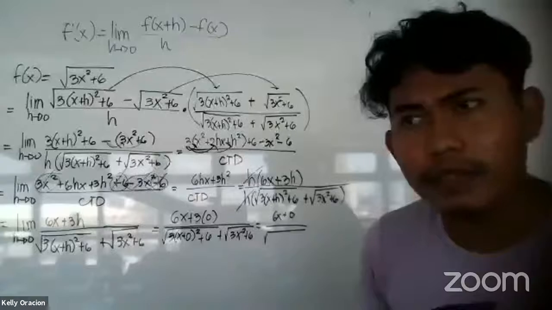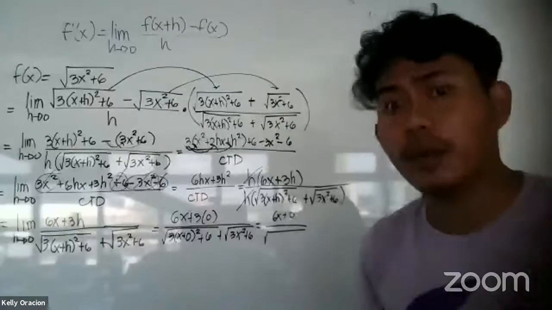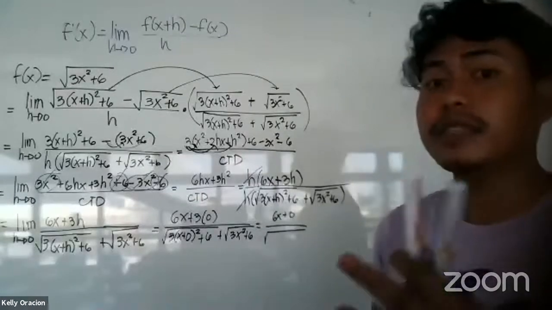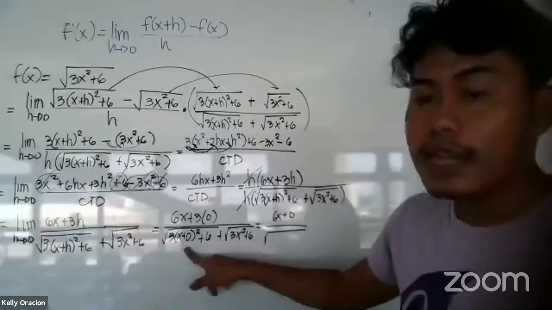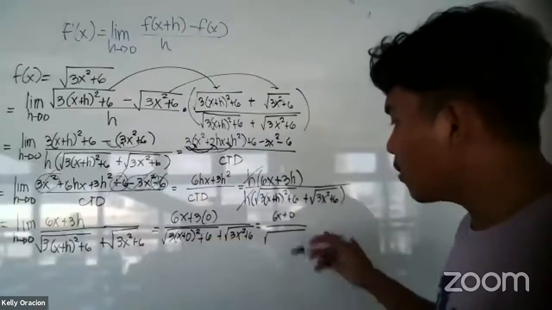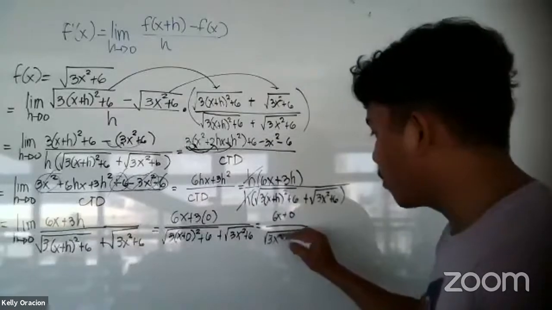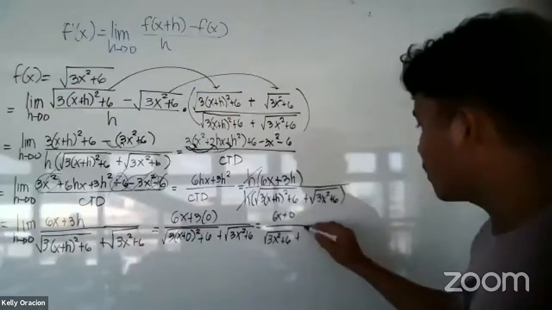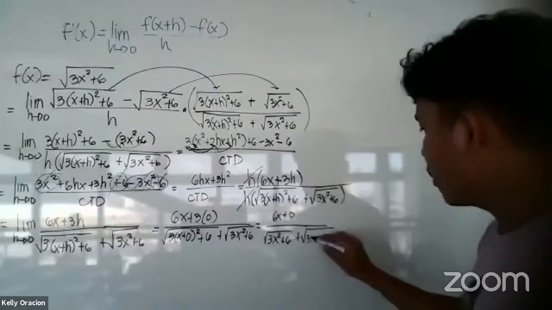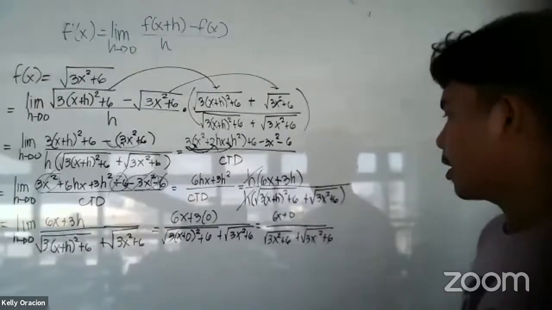X plus 0 is x. Then naka-squared man siya, so that's 3x squared diretso, plus 6. And plus square root of 3x squared plus 6.